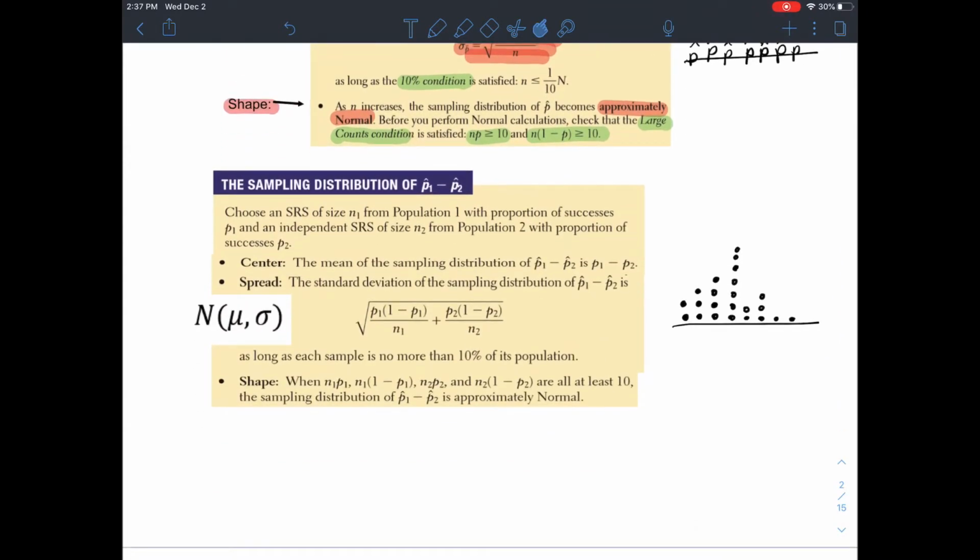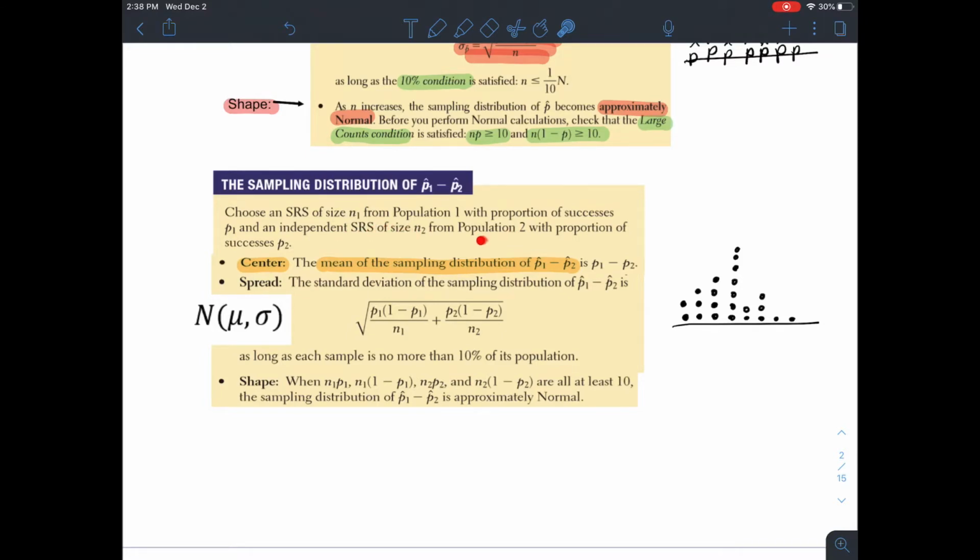Now that's what we've done before with one proportion. We're going to extend that to finding the difference in two sample proportions coming from two different populations. So let's take a look at the center. If we're talking about the center of a sampling distribution for the difference between two sample proportions, you're going to reach in and take a simple random sample from population 1 and calculate that p-hat, which we'll call p-hat sub 1.